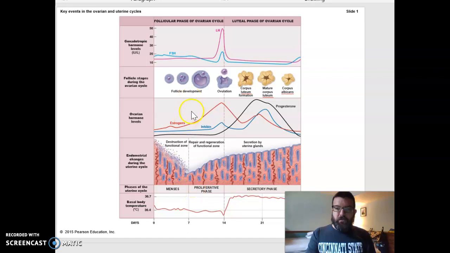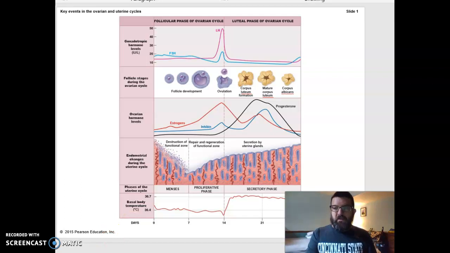Now, as this estrogen went up, not only did it eventually cause luteinizing hormone to be secreted, but it also caused the proliferative phase of the functional layer of the endometrium to occur, right, where we go through mitosis and rebuild this. And the progesterone that's here in the luteal phase is going to cause the secretory phase to kick in, where we fill this with lots of good nutrition.